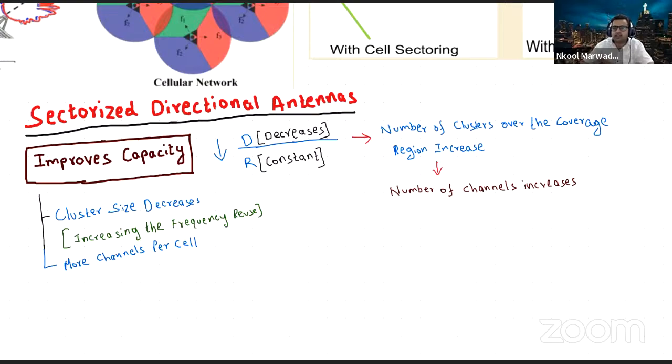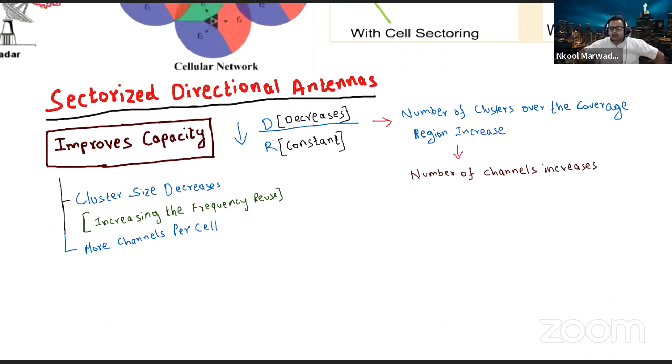That is why we say that whenever we do the cell sectoring, the channel capacity increases, because we are installing 3 new antennas, wherein normally there was one base station for one cell. Now we are having 3 base stations for one cell, and every base station will be given a group of frequency. The channel capacity has to increase and it increases.